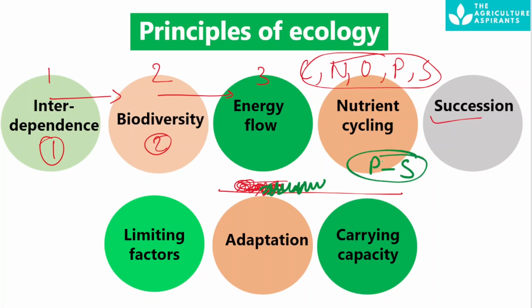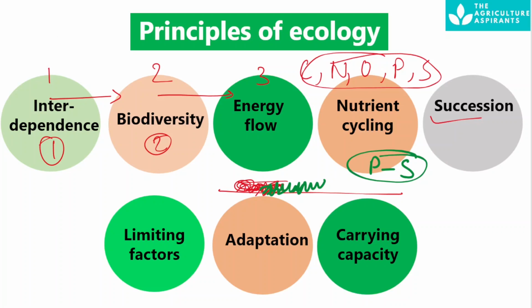Okay, so in ecology, succession is very important. Primary succession is a very slow process, and secondary and tertiary succession is a fast process compared to primary, because the environment is favorable for the other species, because the previous species has made it favorable for them.